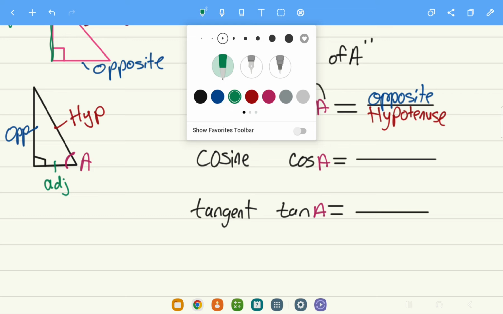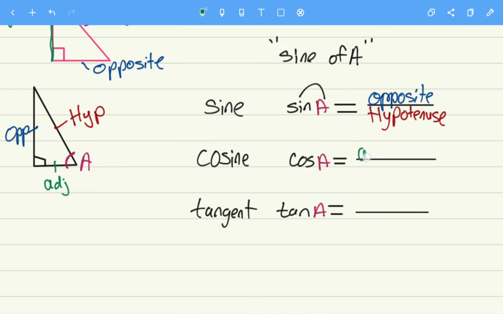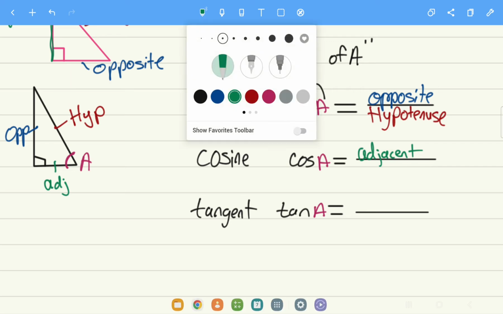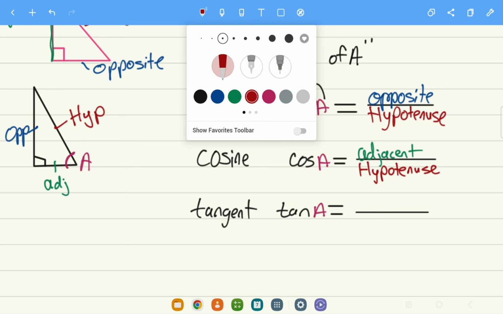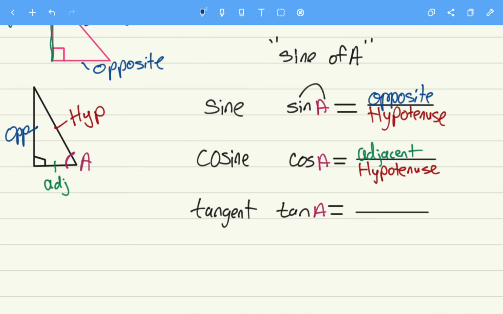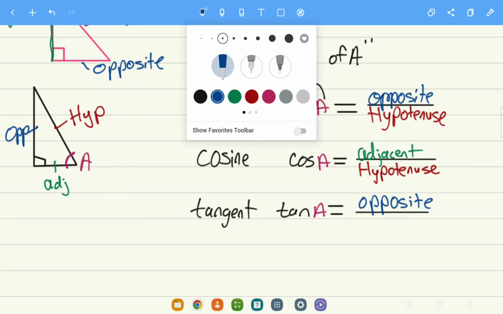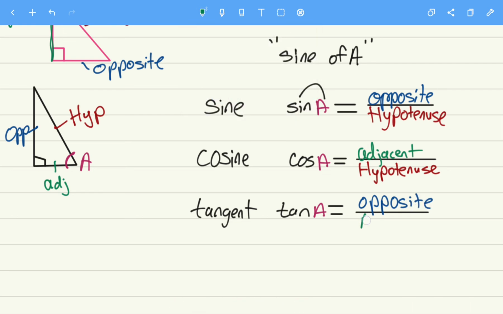Cosine is equal to the length of the adjacent side over the length of the hypotenuse side. And last but not least, tangent is the length of the opposite side over the length of our adjacent side.